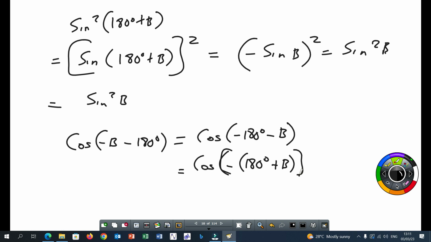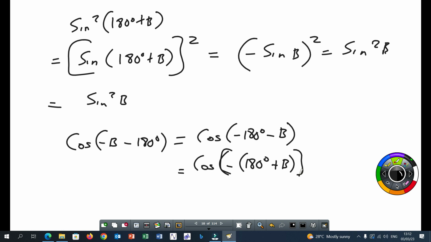But if you put minus, it will be in the second quadrant. Are you following that? Yes. Positive 180 plus b is in the third quadrant, but negative of 180 plus b will be in the second quadrant.